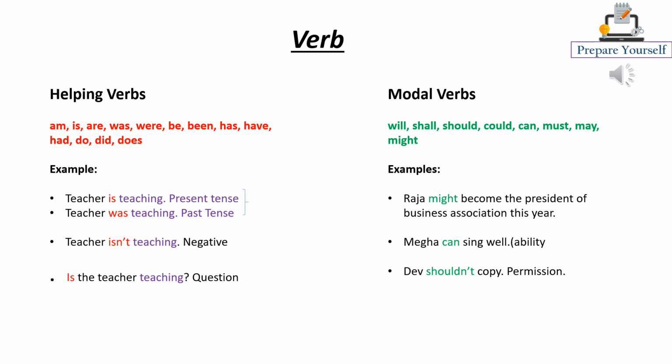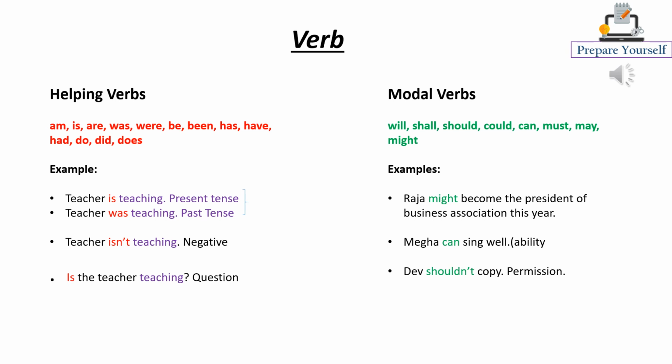Here the speaker feels very positive about the person he is talking about, Raja. The speaker feels very positively that he is the right contender to be a president. That doesn't mean that the speaker knows the result of the election, but he is very positive.